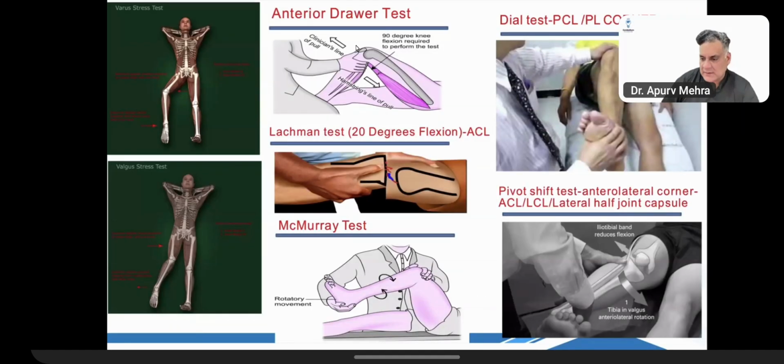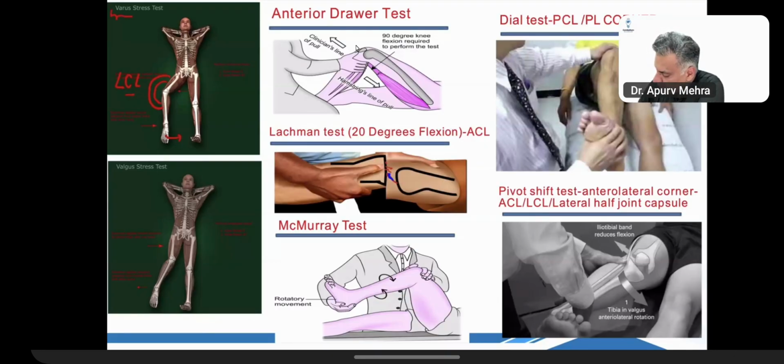So this is something that you should know. Somebody asked me, can you please, sir, explain the ligaments? So let's do it now. This is the lateral collateral ligament, between the femur and the fibula. When you take your leg in a flexed position medially, you are stretching the lateral collateral ligament.